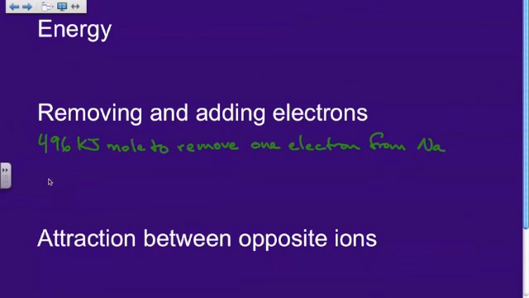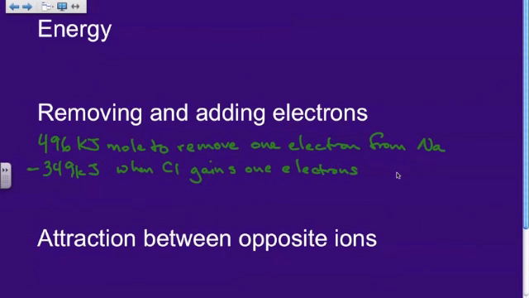Chlorine, on the other hand, releases 349 kilojoules when it gains 1 electron. So when an element becomes more stable, it has less potential energy.